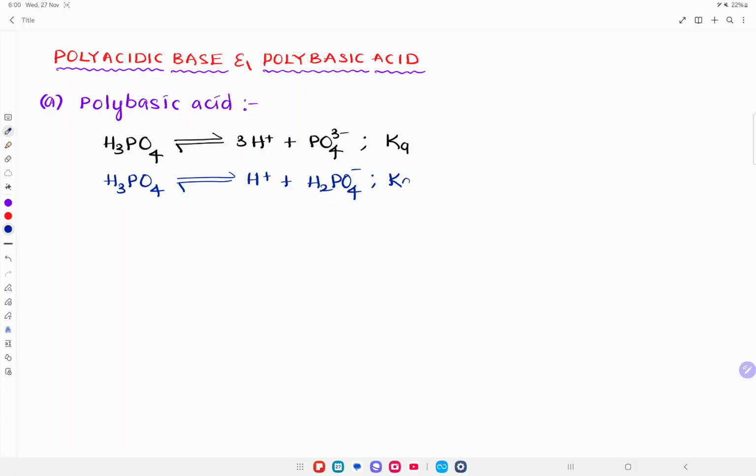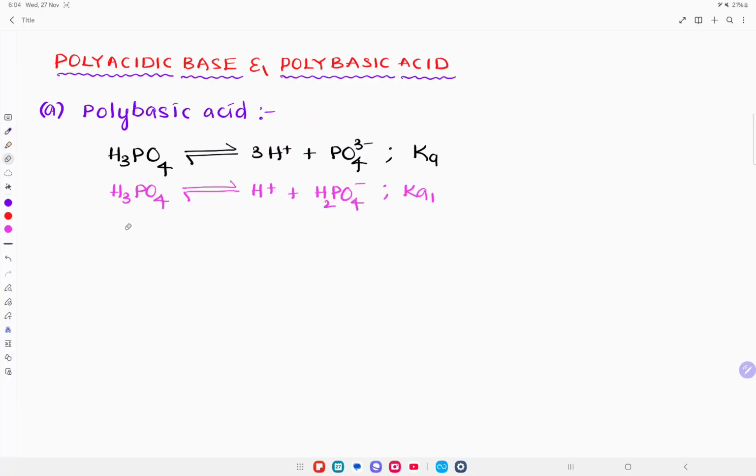For this, the acid dissociation constant is Ka1. Next, H2PO4 minus gives one more H plus ion and gives hydrogen phosphate. The first one is dihydrogen phosphate, this is hydrogen phosphate. For this, the acid dissociation constant is Ka2.